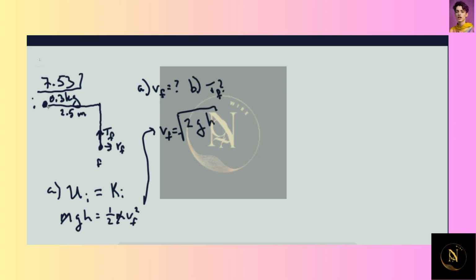That's just going to be our 2.5 meters, because it's only the height that matters, not the x component of the displacement, because gravity is only pointing up and down and not either side. And so this works out to be 7 meters per second.